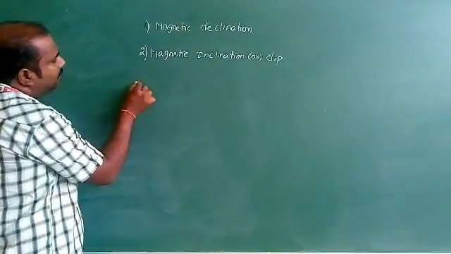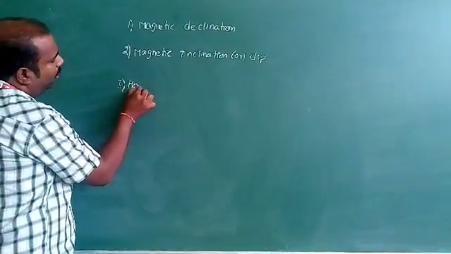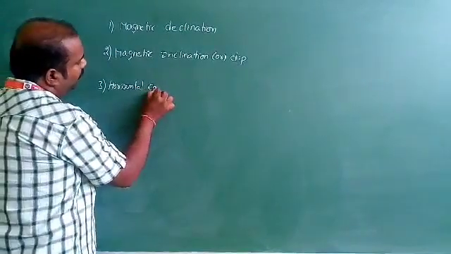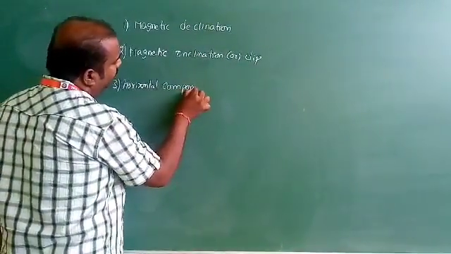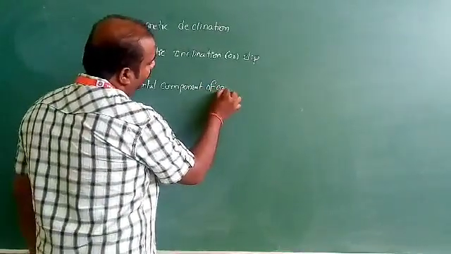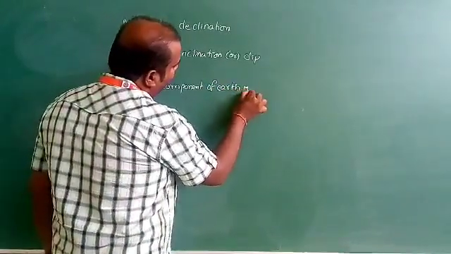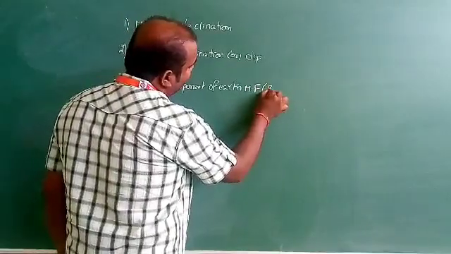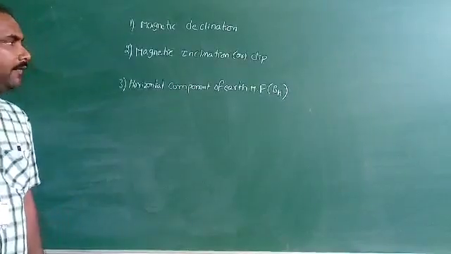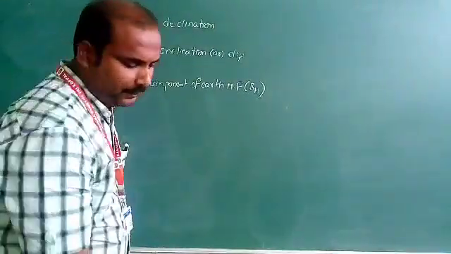And the third one is the horizontal component of Earth's magnetic field. This is also called BH. By using these three elements, we can study Earth's magnetic field.